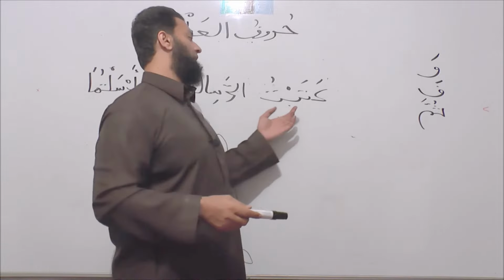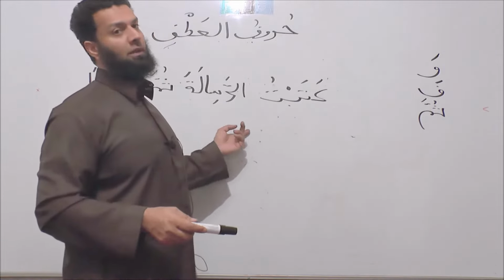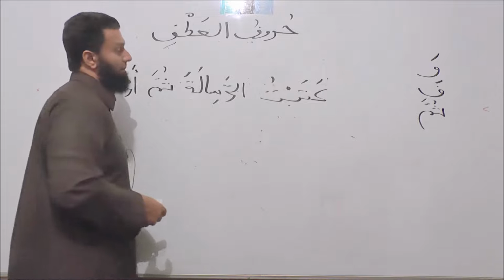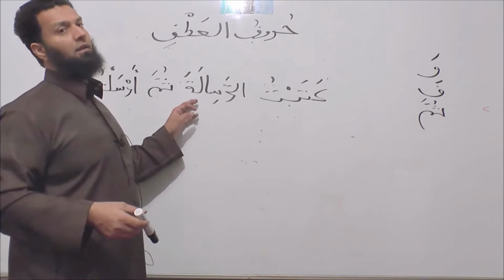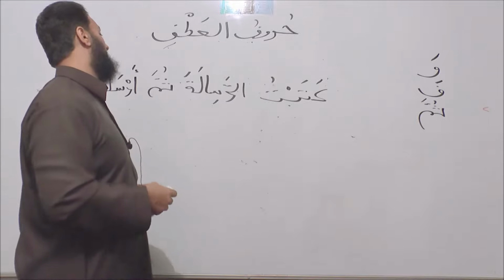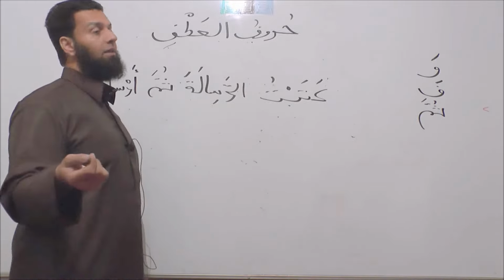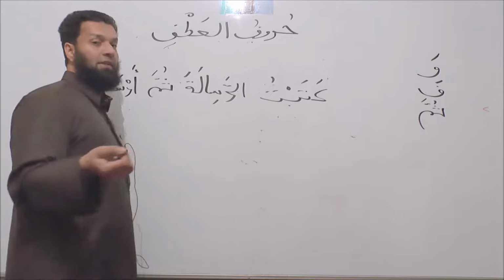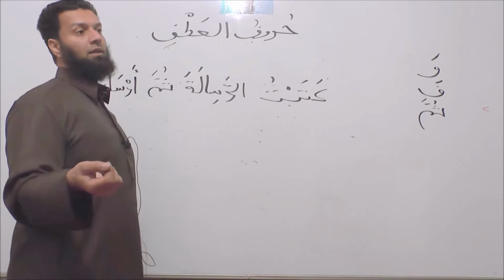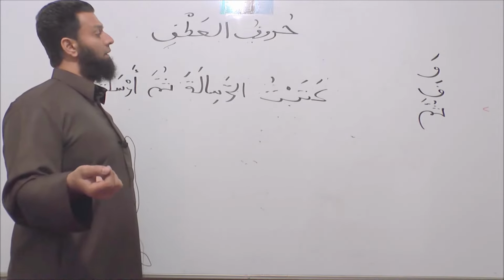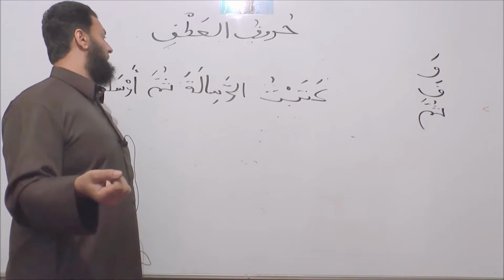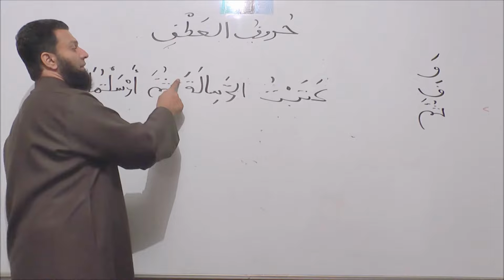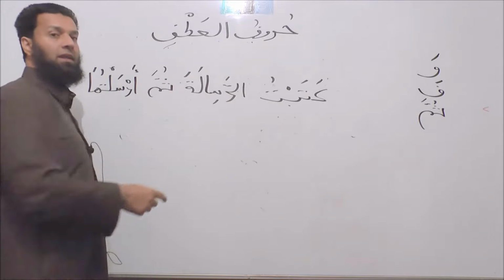So, what do we have? كتبت. فعل and the فاعل upon the same i'rab that we've mentioned. الرسالة is the مفعول به وعلامة نصبه. The indicator for being mansubun is al-fathatu al-dhahiratu ala akhirihi.